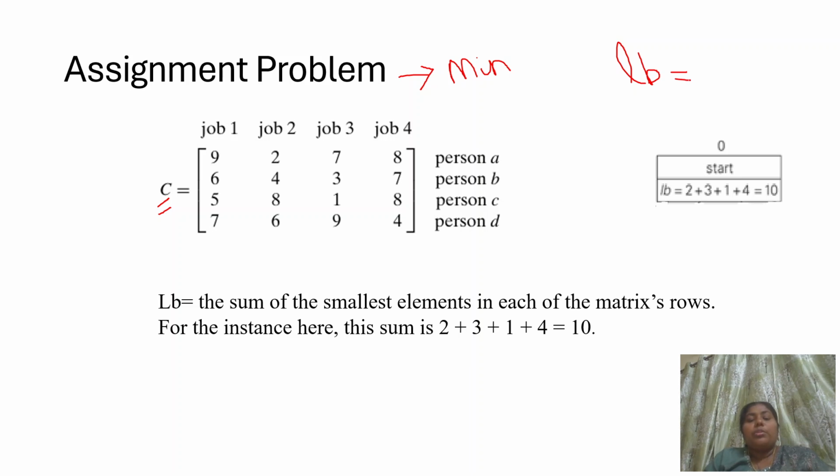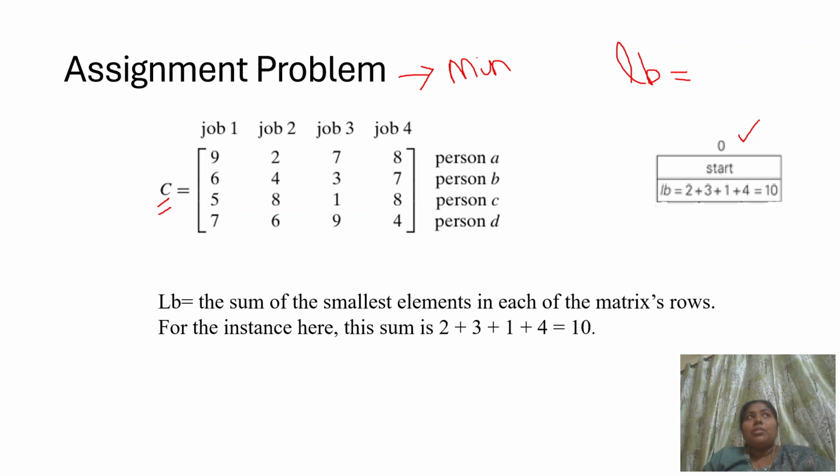How do we find the lower bound? State 0 is the initial state. In the initial step, we are not assigning any job to any person.